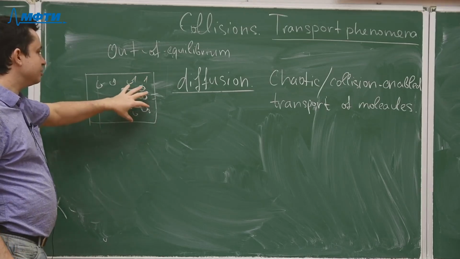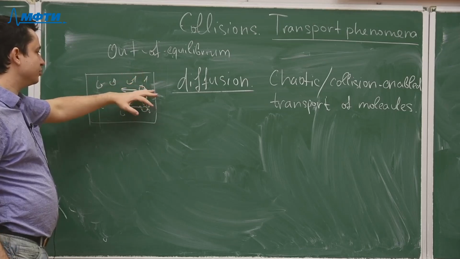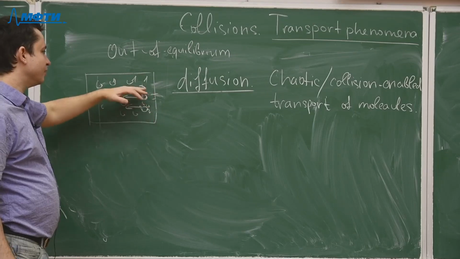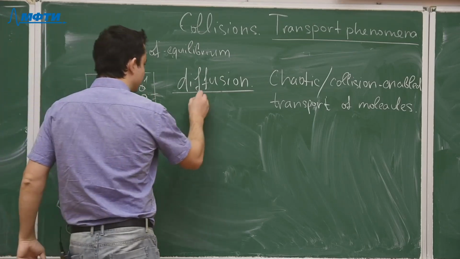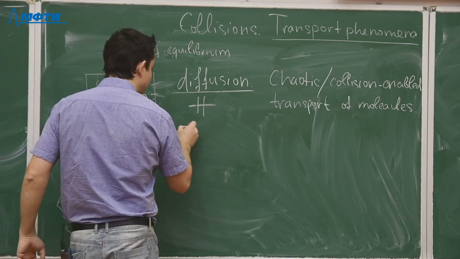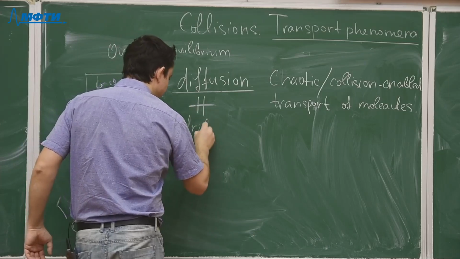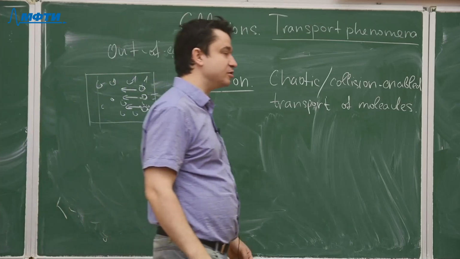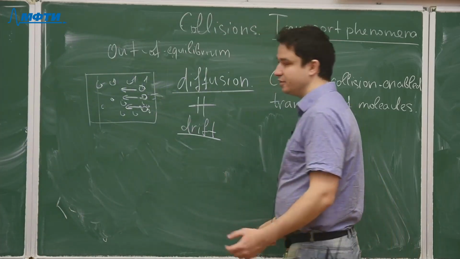So in addition to the chaotic thermal motion, there will be some common component, which is called drift velocity. So the diffusion is different from, not equal to, drift. Drift is the motion of molecules under the action of an external force in the environment.